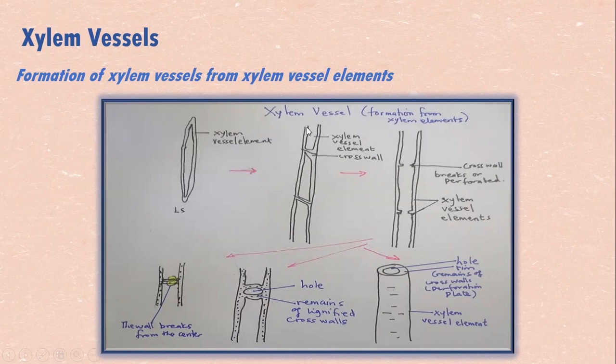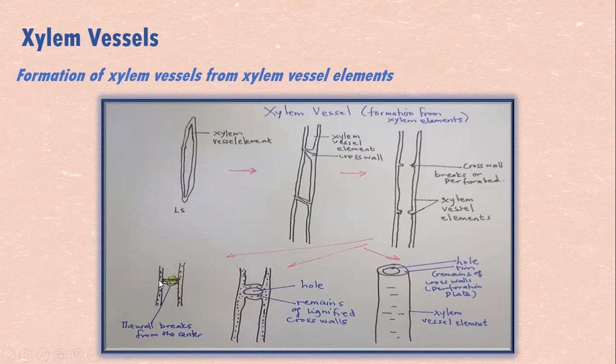So you have one xylem vessel element, another one joined to form a long tube. That's a xylem vessel. This is an element, this is an element, and this is an element. These are their cross walls. And these cross walls break down. And when they break down, then you have a long tube with a long hole to carry water.